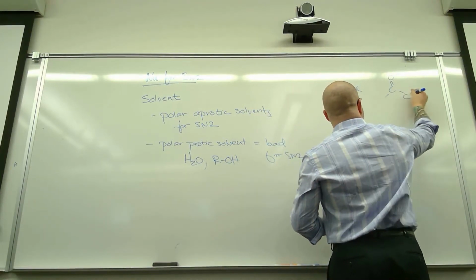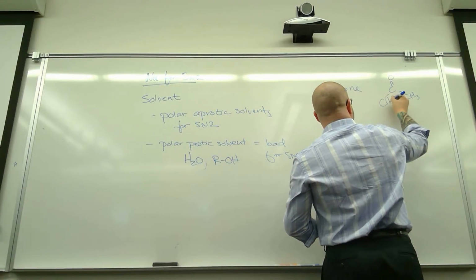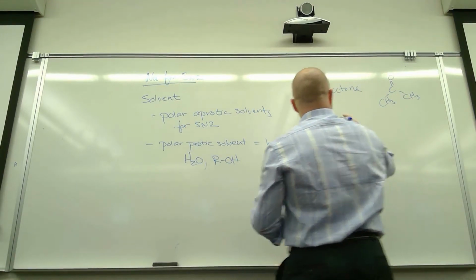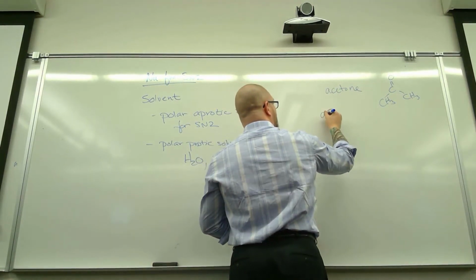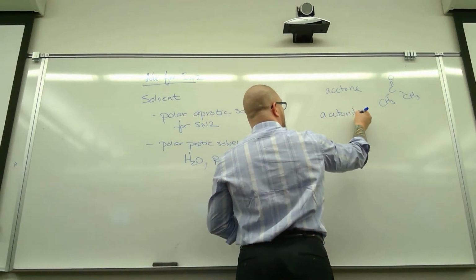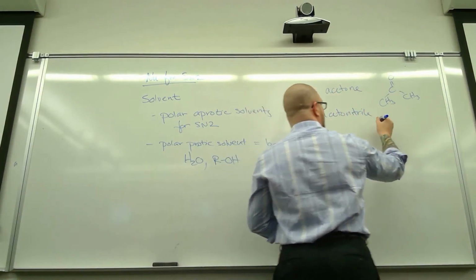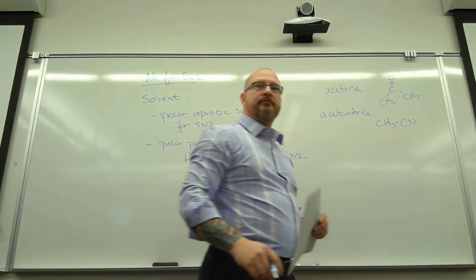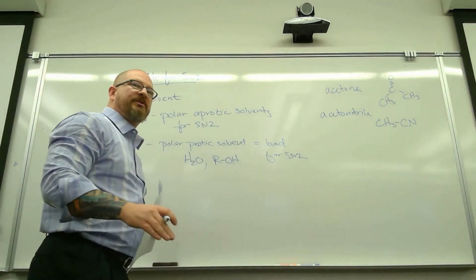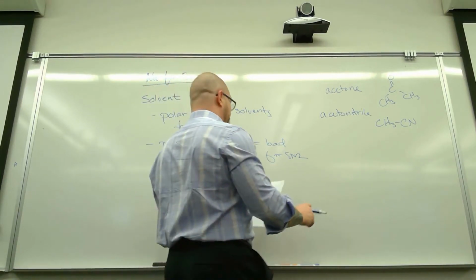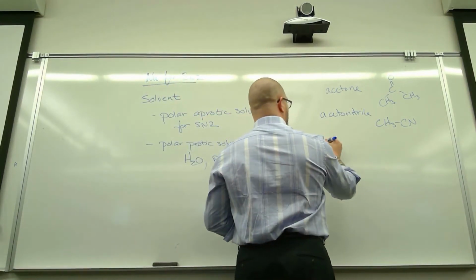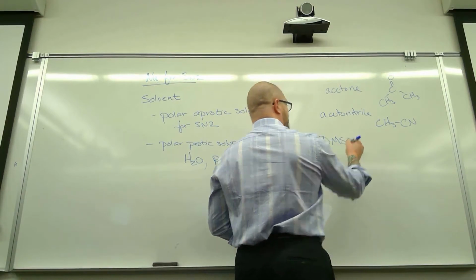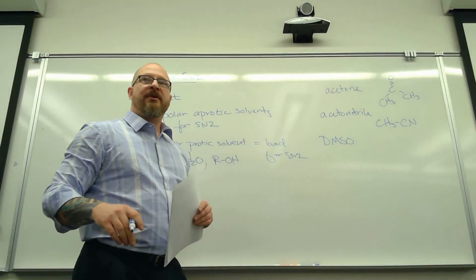It's a ketone with a pair of methyl groups. We also have acetonitrile, which is a methyl group attached to a cyano group. We've also got DMSO, dimethyl sulfoxide, phenomenal solvent.